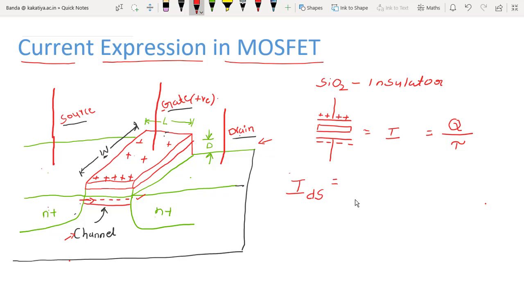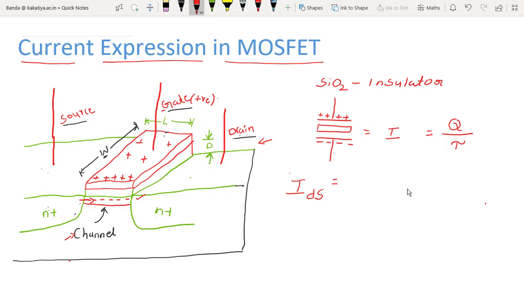In a normal capacitor, the current expression is Q, the charge induced in the capacitor, divided by transit time. But the current in this MOS transistor is based on the charge induced in the channel.